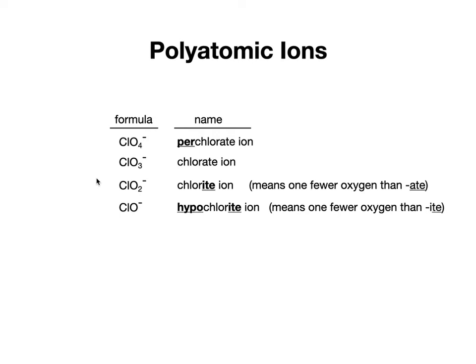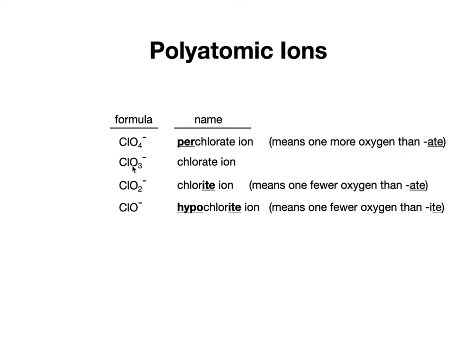We're learning the language that chemists use here. So perchlorate, anytime you see the prefix per, that means one more oxygen than the ate. So class, among these four ions, which one is the most important one for you to memorize? You need to memorize this one. This is the key ion.